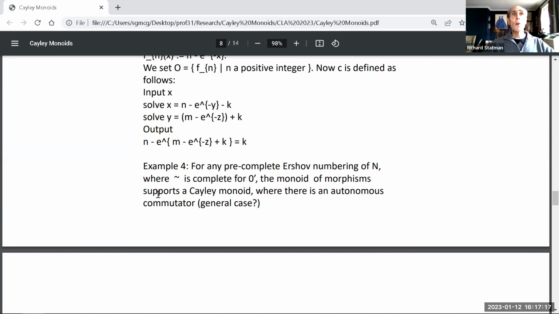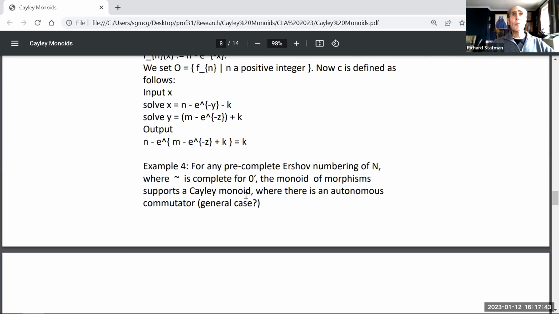And take the monoid of morphisms that supports a Cayley monoid, where there is an autonomous commutator. Okay, so now that's not so easy to prove, actually. So I'm not going to give any hints about the proof of that. It depends on an old theorem of Myhill's, and it essentially uses completeness for 0 prime.